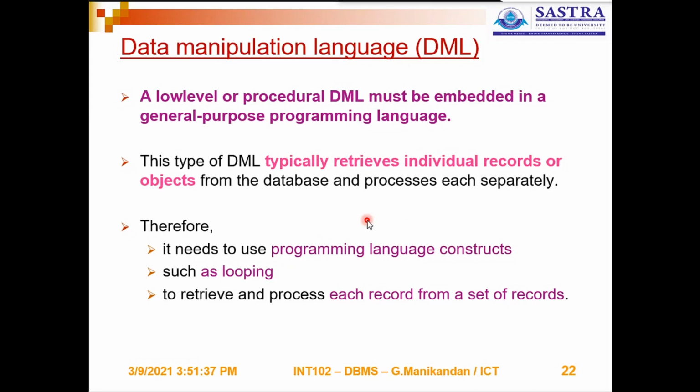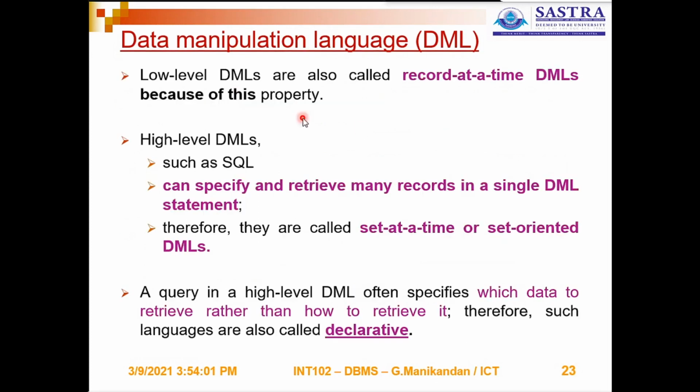From a given set of records, you can retrieve and process the records one by one. The limitation is covered in the next slide. Another name for low level DML is record at a time DML. If you place a SQL statement inside a programming language, it is capable of retrieving only a single record.